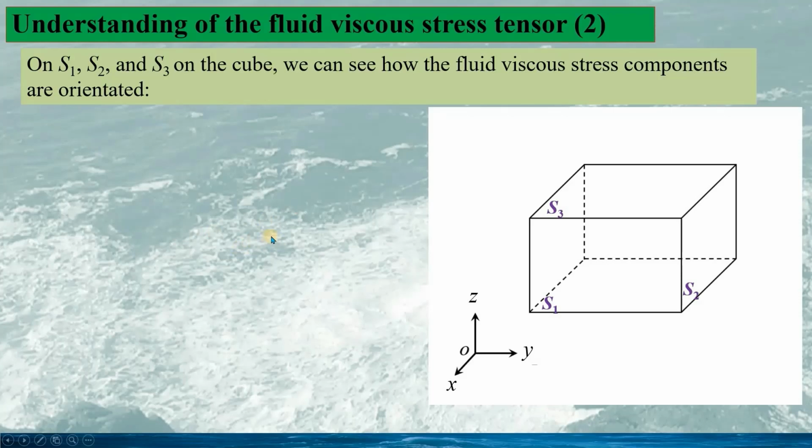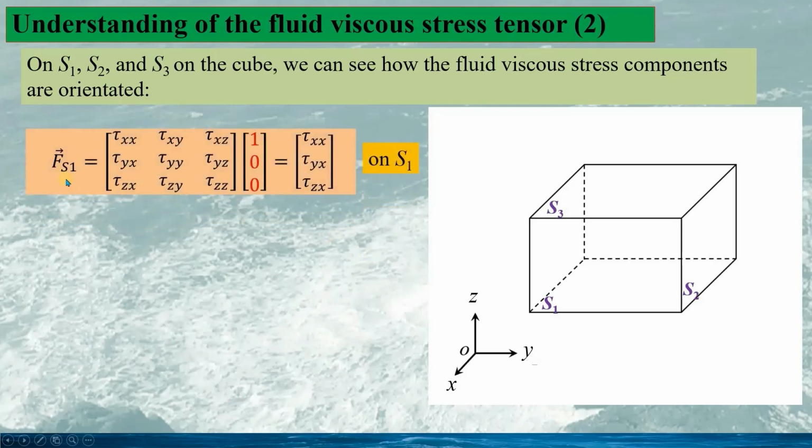Now, based on the calculation in the previous slide, on the surfaces S1, S2, and S3, we can see how the fluid viscous stress components are oriented. On S1, the stress force vector Fs1 has 3 components, tau xx, tau yx, and tau zx.